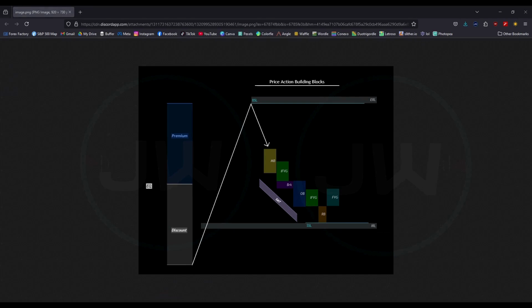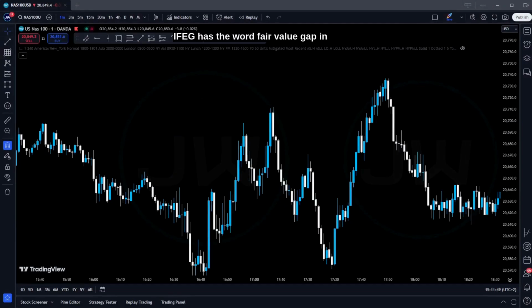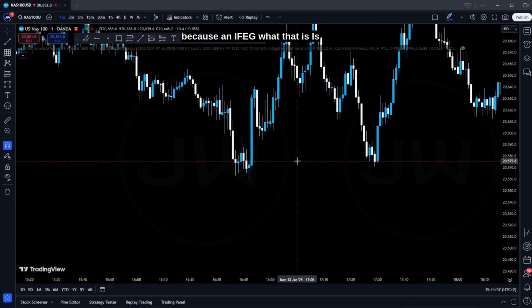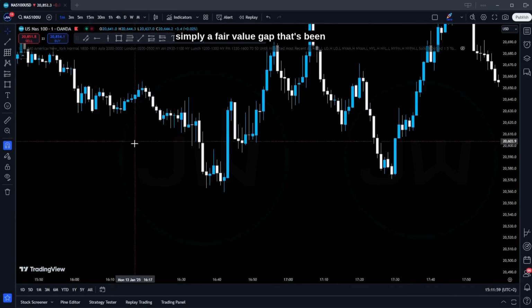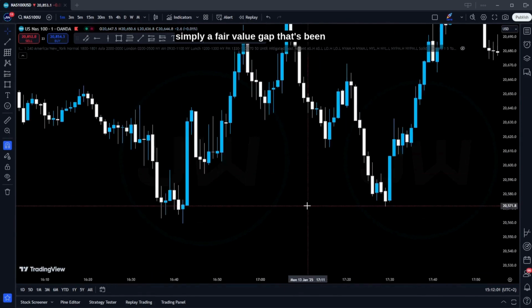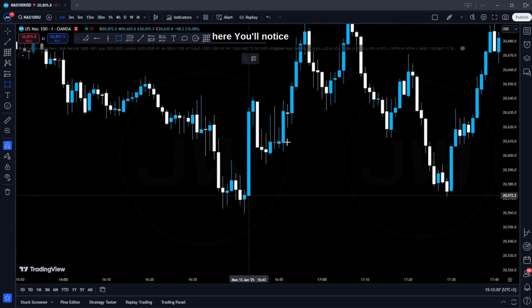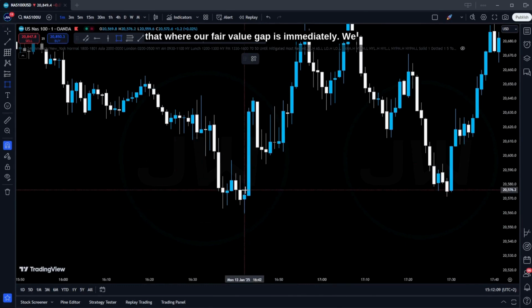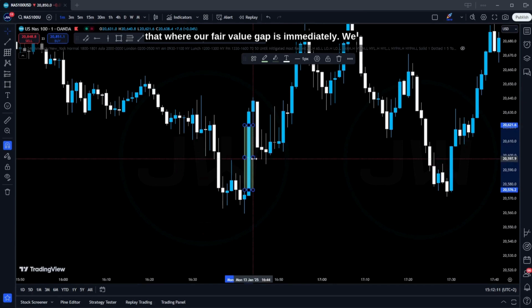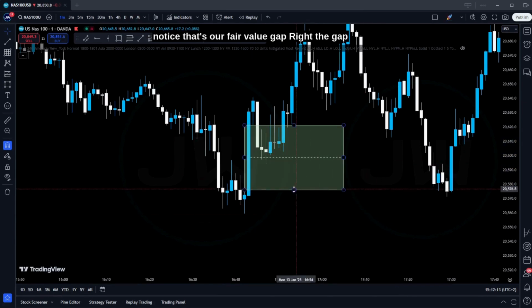You'll see that IFVG has the word fair value gap in it. That's because they are very closely related. An IFVG is simply a fair value gap that's been inversed. So if you look at this over here, you'll notice that's our fair value gap, right?